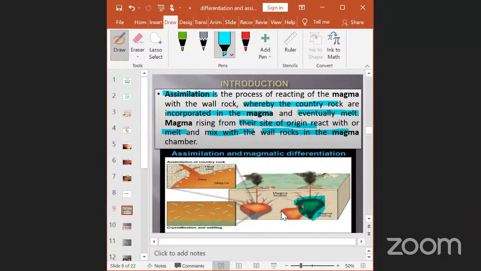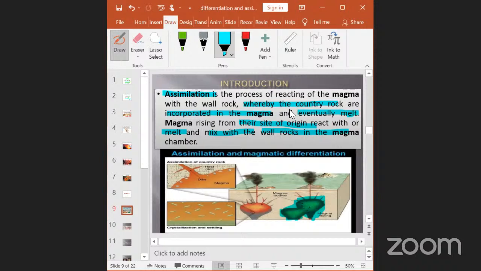You see this picture? So assimilation is the reaction of the magma with the wall rocks, whereby these country rocks are incorporated in the magma and eventually melt, right?